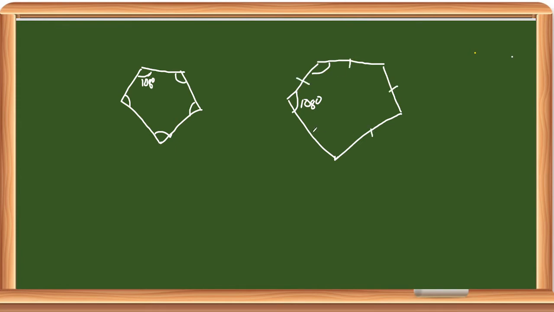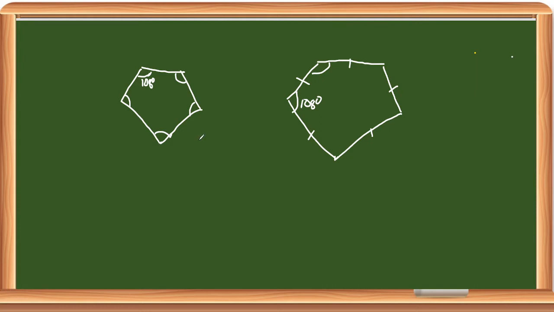Since this is a regular pentagon, it means all the sides are also congruent, no? As you can see, the angles are congruent, as well as the sides. In a regular pentagon, all the angles and all the sides are equal. Now, as you can see, it is just enlarged, but it is exactly the same figure.